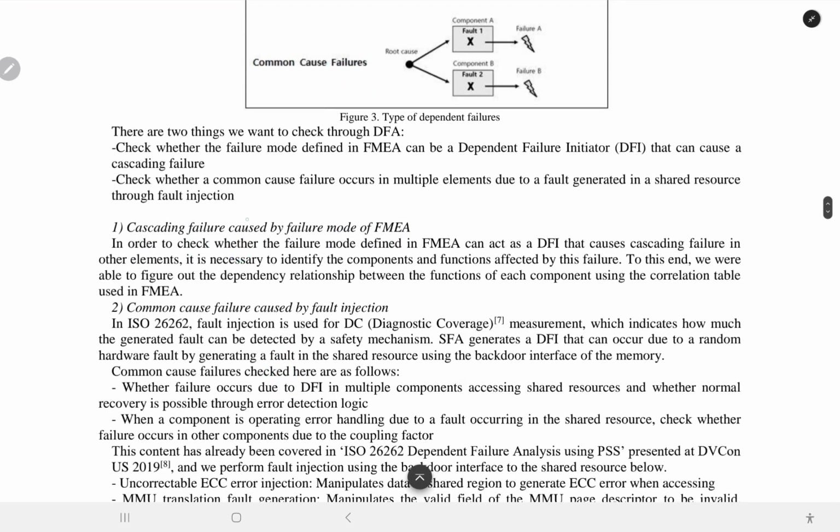In order to check whether a failure mode defined in FMEA can act as a DFI that causes cascading failure in other elements, it is necessary to identify the components and functions affected by this failure. To this end, we were able to figure out the dependency relationship between the functions of each component using the correlation table used in FMEA.